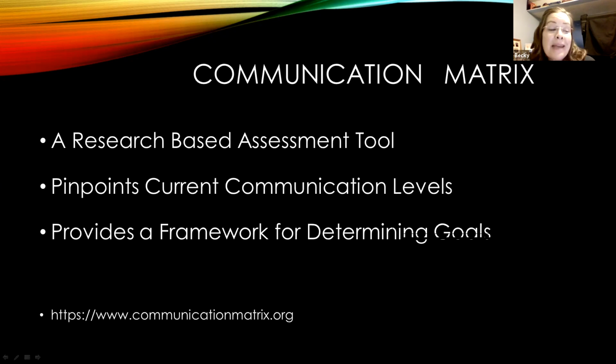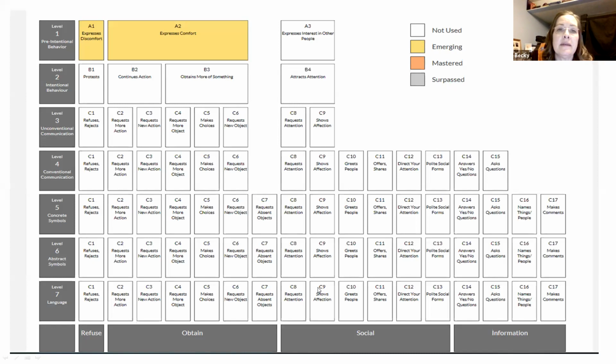And so how are the communication matrix and the CVI range related? They are both key tools in determining how our students can gain access to their educational materials and environment. All right, next slide. Perfect. So here is what the communication matrix looks like.